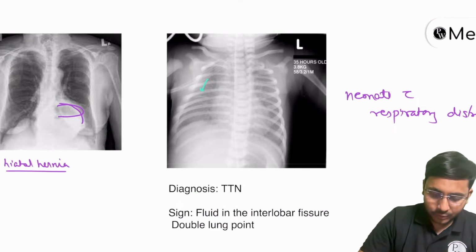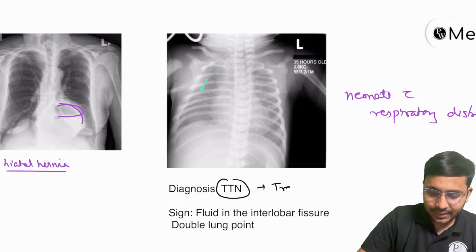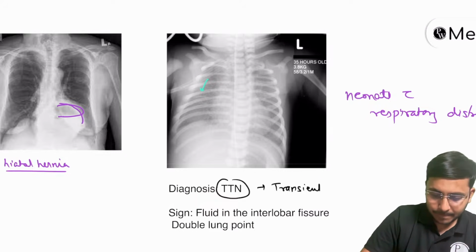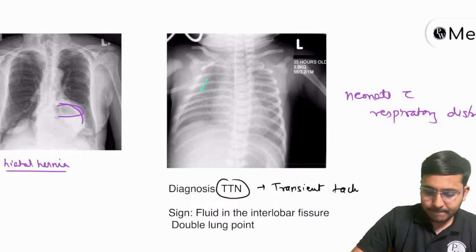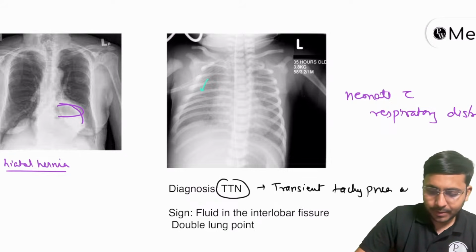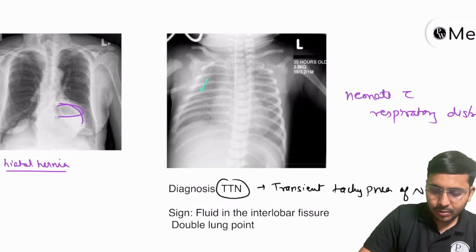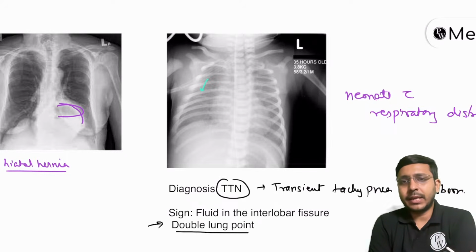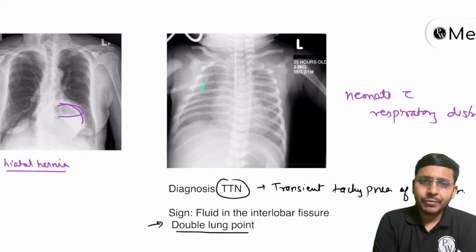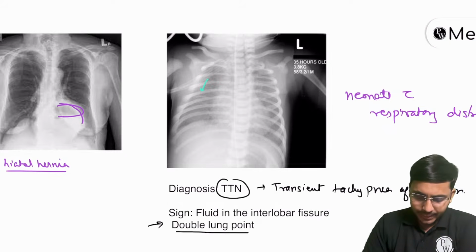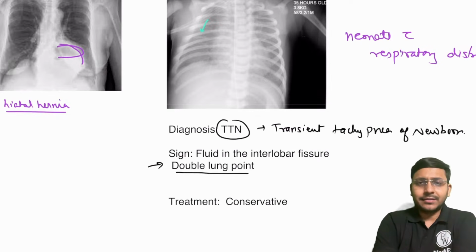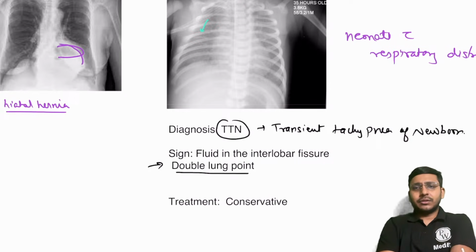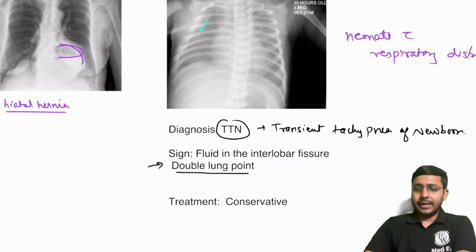This is diagnostic of TTN, known as transient tachypnea of newborn. There is an important sign which is there in TTN. You just remember the name of the sign, that is sufficient, known as a double lung point. And this is a transient tachypnea, so the treatment is conservative, with follow-up chest X-rays as needed.